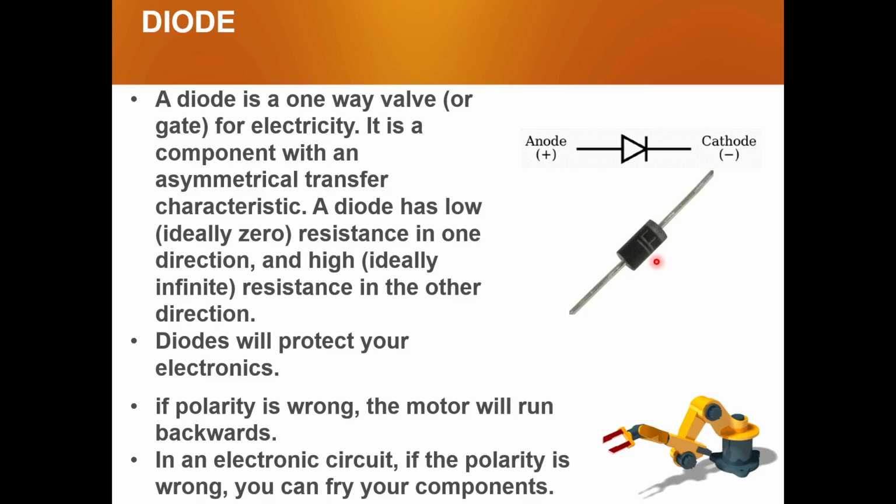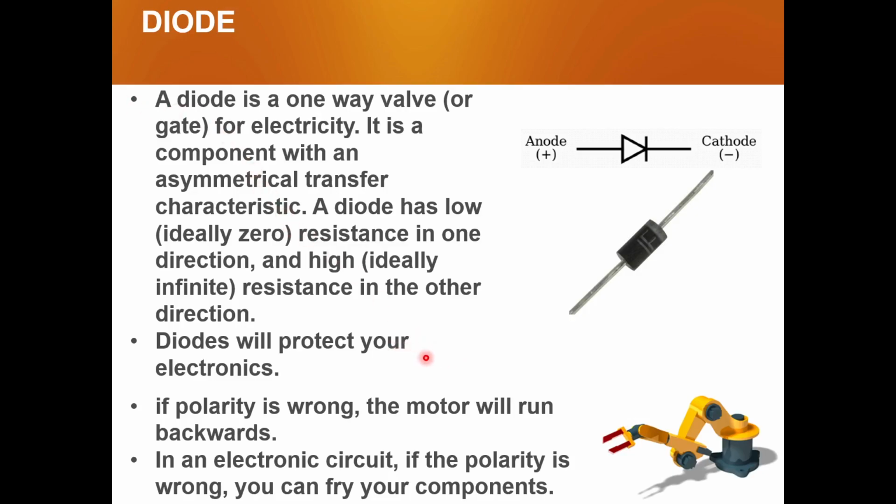There is nothing ideal, but if we consider it as ideal, the resistance in a diode is zero. But in one direction only. In one direction, resistance is zero, and in the other direction the current cannot flow. Why can the current not flow in the other direction? Because in that direction there is a very heavy resistance. It is like if you go from one room to another room from one side, there is no guard. But if you come back, there is a police or guard standing on that road. You cannot come back.